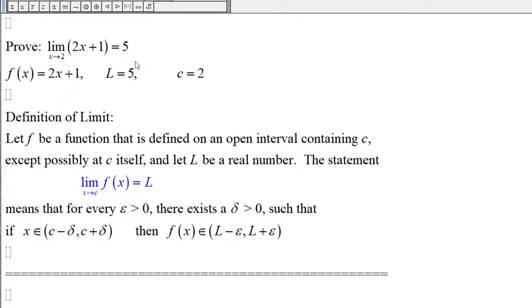And so now let's prove this statement. We want to show, using the epsilon delta definition of limit, that the limit of 2x plus 1 is equal to 5 as x approaches 2.